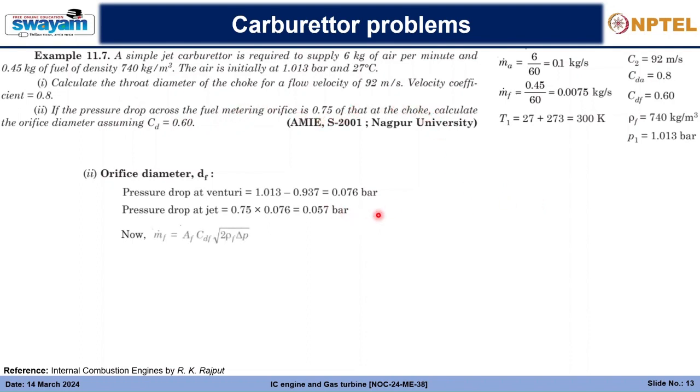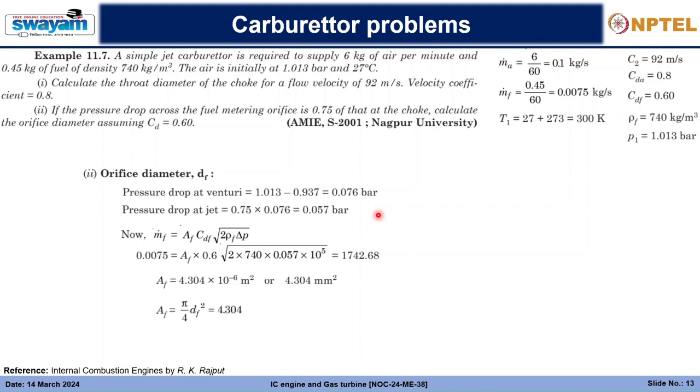Now the mass flow rate of fuel can be calculated as AF CDF into root over 2 rho F delta P, and accordingly you will get the area of the fuel orifice as 4.304 millimeter square. Also, AF equals pi by 4 df square equals 4.304. We will solve for the diameter of the orifice. So the diameter of the orifice is 2.34 millimeter.